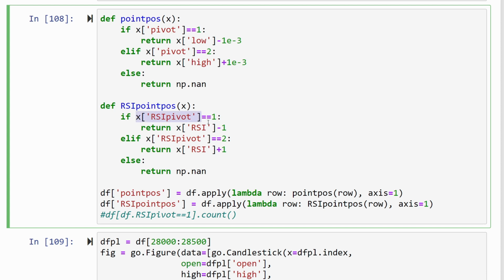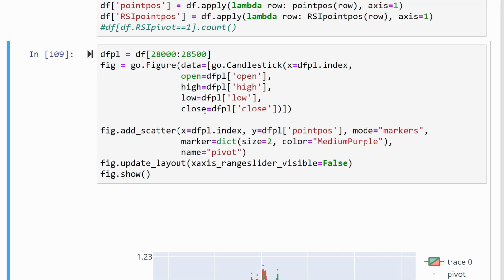If it's a pivot low, we are returning a position of the RSI minus 1. So we are positioning the point just below the RSI value. If it's a pivot high, we are positioning the point slightly above the RSI value. And now I can run these two functions and add these two information columns into two new columns in my data frame.